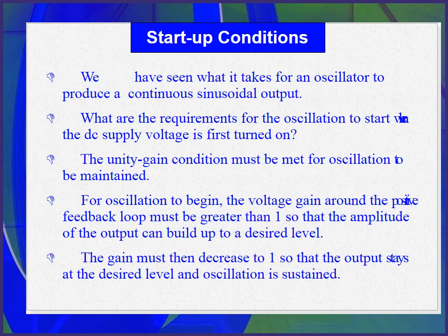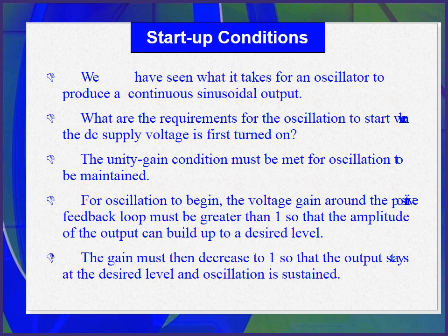Now the startup condition for the oscillator. You have seen so far what it takes for an oscillator to produce a continuous sinusoidal output. Now let's examine the requirement for oscillation to start when the DC supply voltage is first turned on. As you know, the unity gain condition must be met for oscillation to be maintained.